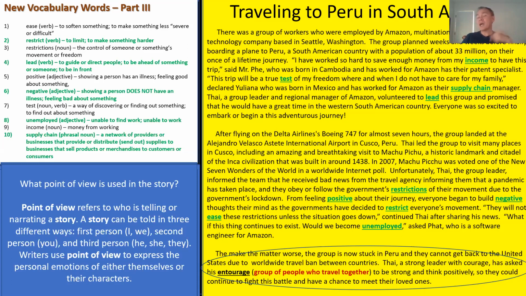So when you use I or we, you're telling a story about you. Once upon a time, I went to Peru. I traveled to Cusco. I'm telling a story about me. This is called the first person point of view. If I'm using he or she, if I'm using a name like Michael or John, or the people or they or the group, then in this situation, I'm using what you call a third person point of view.